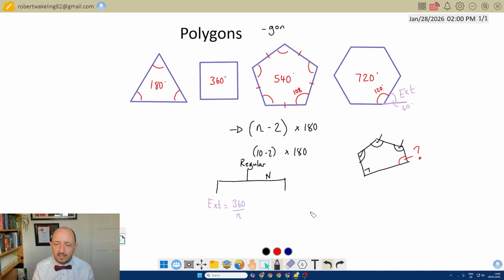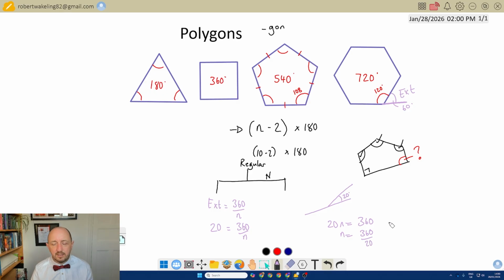The only exception to that is the question that you sometimes see where they just give you a tiny chunk of the shape and they say, the exterior angle is 20, how many sides does it have? And for that, it's a lot better to have this formula in your back pocket, because we can just put the exterior angle is 20, 360 divided by n, and then we rearrange this times by n, 20n equals 360, and then divide by 20 to get our number of sides.